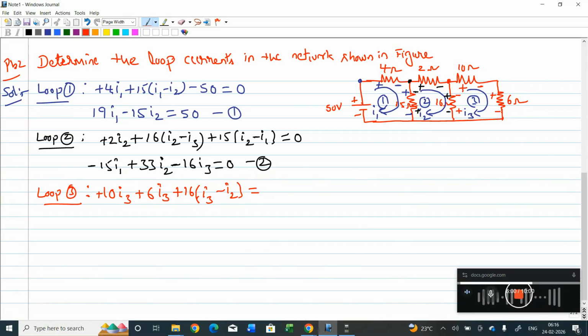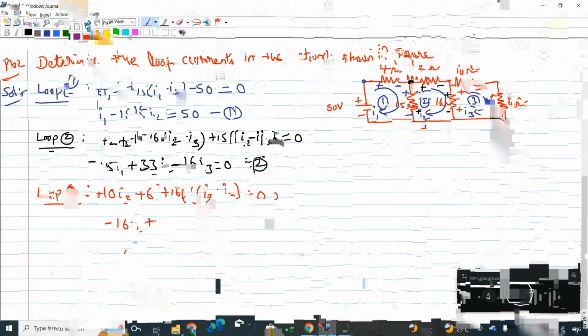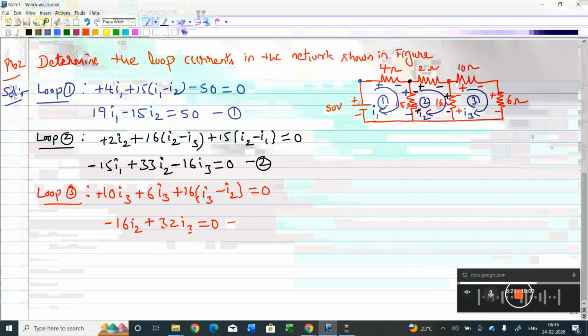There are no other elements, so this summation is equal to 0. Rearranging I2 terms and I3 terms separately, there are no I1 terms. So minus 16 I2 plus I3 terms 10 plus 6 plus 16, which is 32 I3, equal to 0. Let this be equation 3.